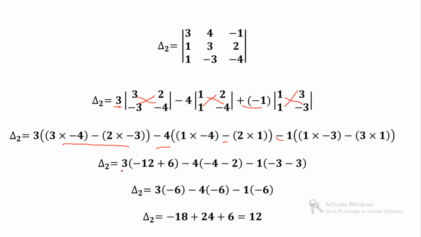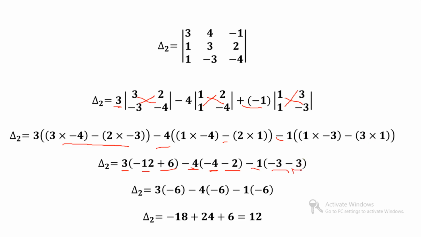Again simplify, 3 as it is, 3 into 4, minus 12, 2 into minus 3, that is the minus 6, again minus 6 multiplied with minus sign, so that is equal to plus 6, again minus 4 as it is, 1 into minus 4 equal to minus 4, 2 into 1 that is equal to 2, and minus sign, so I will write minus 2. Again minus 1 as it is, 1 into minus 3 equal to minus 3, 3 into 1 equal to minus 3.